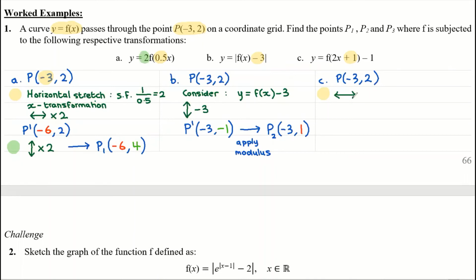And what I've got to do is subtract 1. So it's going to be applying this vector -1, 0. Okay, so subtract 1 from the x coordinate. So my p dash, if I subtract 1 from the x coordinate, that's going to take me to -4. Okay, and the 2 stays as it is. It's only affecting either y or x at any one time.